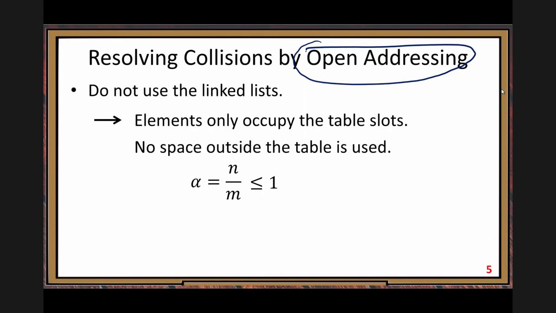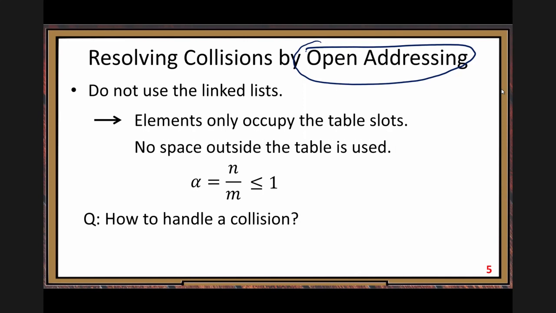So we leave some room. The number n is smaller than m, so although we waste some space, we significantly reduce the collision rate. That's important.